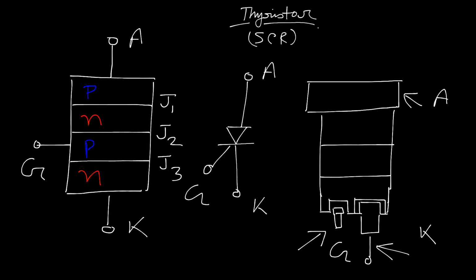That means we can understand this cathode and gate are located nearby. As well as the 3 layers we can identify easily: P, N, P, and this is the last N. And the 3 junctions in a similar way: J1, J2, and J3.